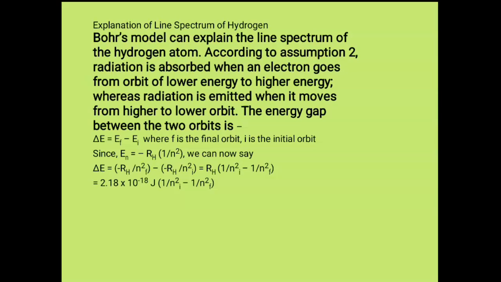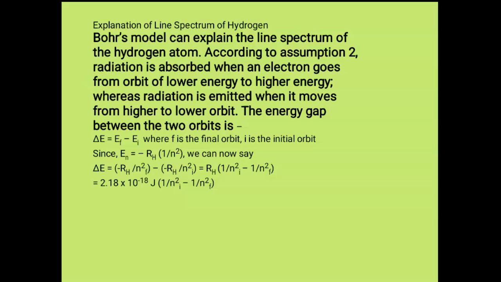Now let us explain the line spectrum of hydrogen on the basis of Bohr's model. Bohr's model can explain the line spectrum of hydrogen atom because according to assumption 2, radiation is absorbed when an electron goes from an orbit of lower energy to higher energy, whereas radiation is emitted when it moves from higher to lower orbit. Now the energy gap between the two orbits is delta E equal to Ef minus Ei, where f is the final orbit or final shell, and i is the initial orbit.